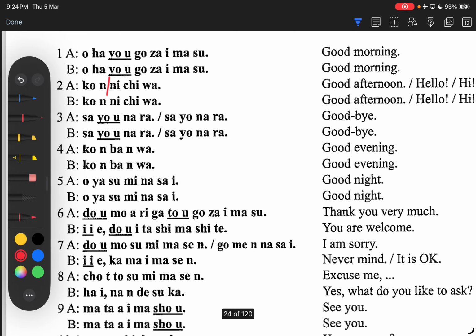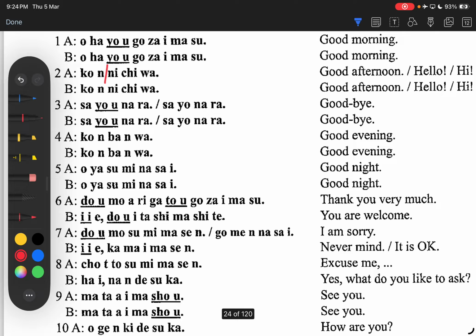Number 3, sayonara. You can see the long O sound. We don't say sayonara the way Singaporeans pronounce it wrongly.